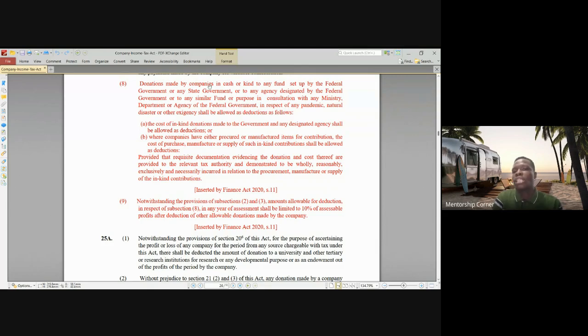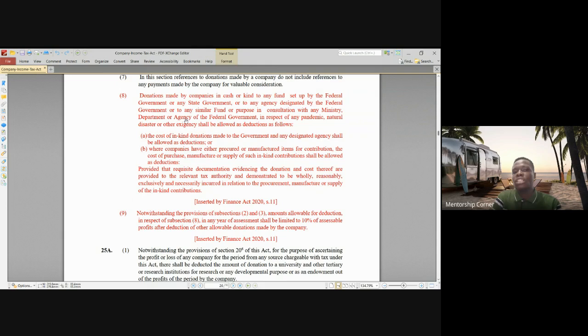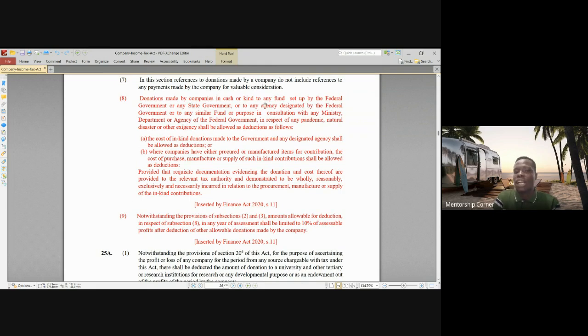So subsection 8 here is talking about donations that are being made to the government with respect to certain ministries, right? It says donation made by company in cash or in kind to any fund set up by the federal government or state government, or to any agency designated by the federal government, or to similar fund or purpose.